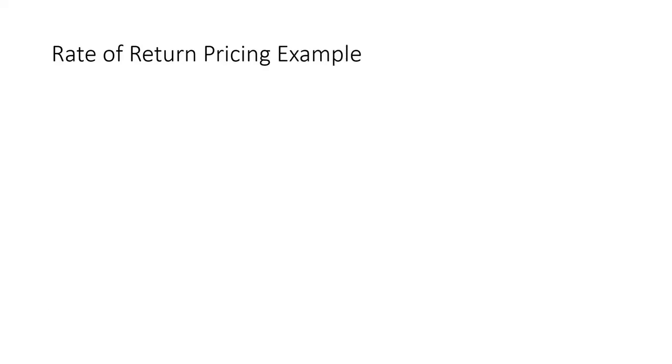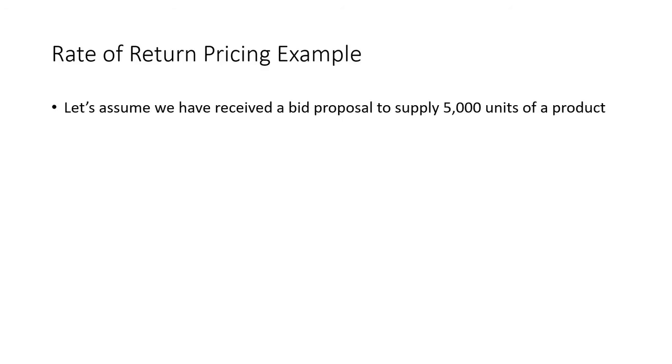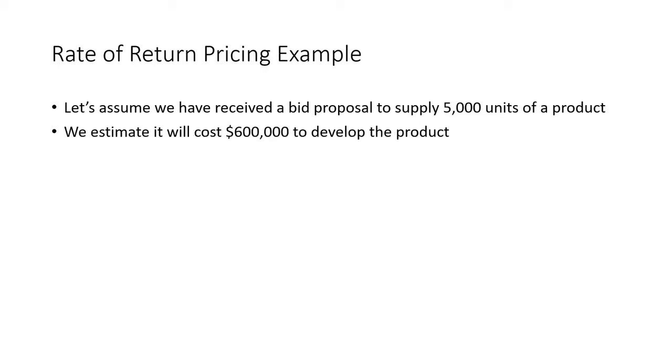Let's assume that we've received a bid proposal for some entity to supply 5,000 units of a specific product. We estimate that it's going to cost us $600,000 to develop that product and have it ready for sale.